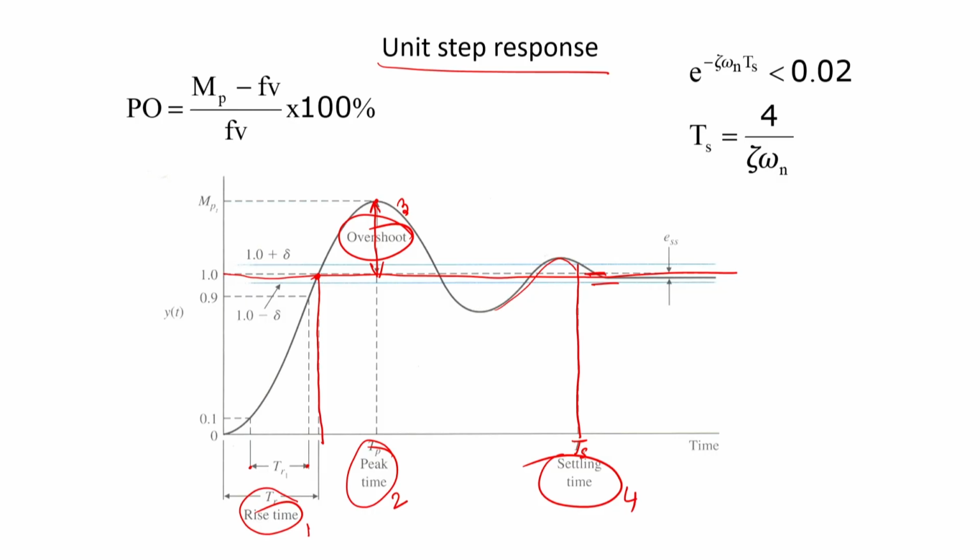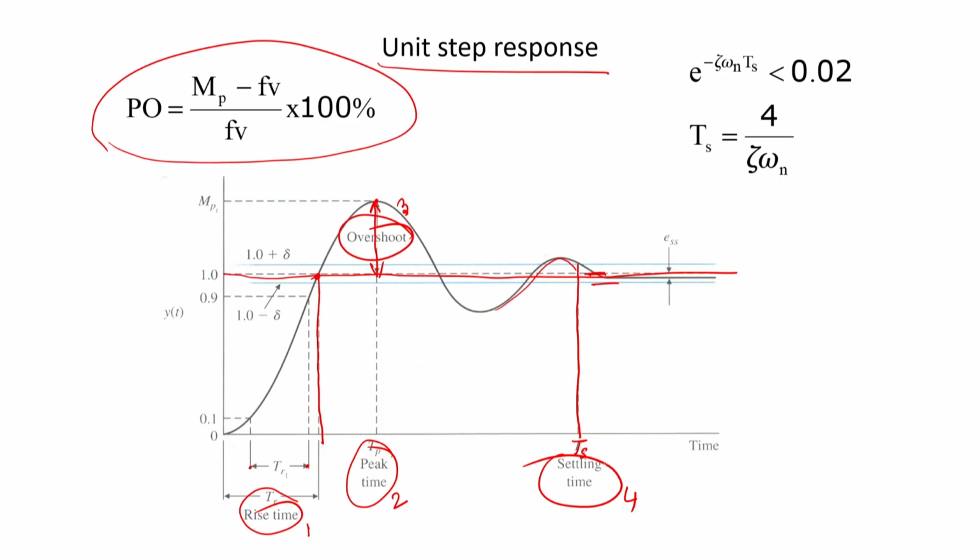Okay. So, now we have these 4 parameters, and again there will be some more parameters that we will talk about with respect to different other constants, but 1 or 2 things we can actually get from here, like the percentage overshoot. Okay. So, the percentage overshoot, you can see the ratio of the 2 things. In fact, this would become a function of the damping ratio of the system itself.